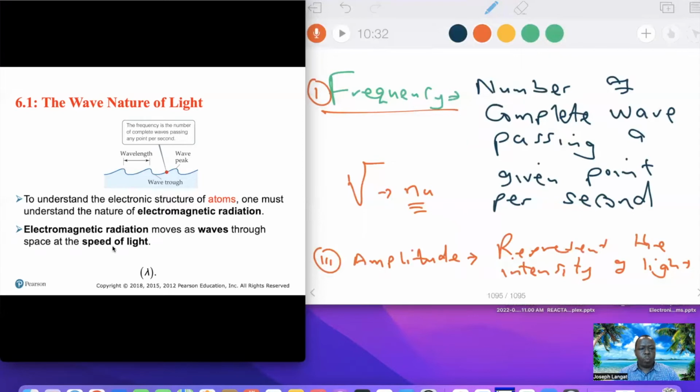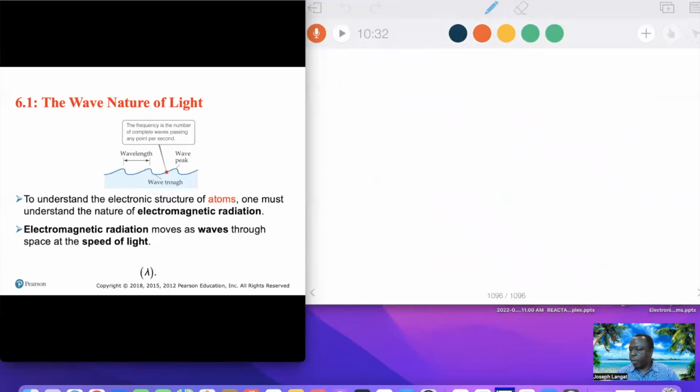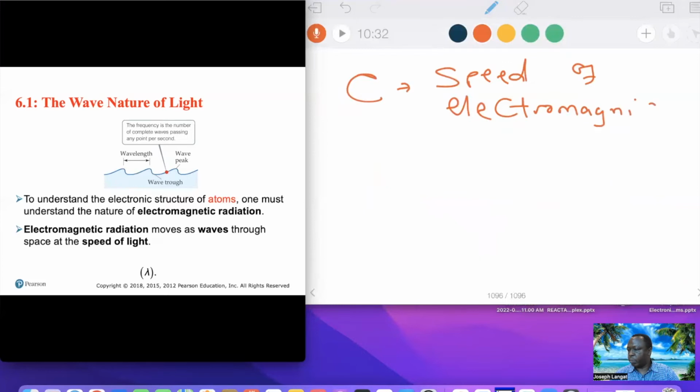Now, all electromagnetic radiation moves through space with a constant speed we call the speed of light. This c is the speed of electromagnetic wave or radiation, c.